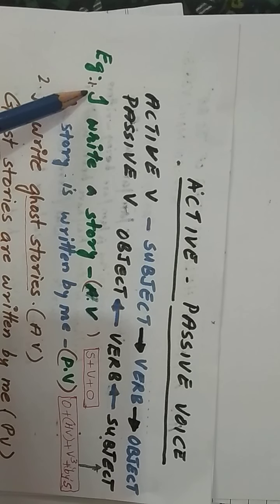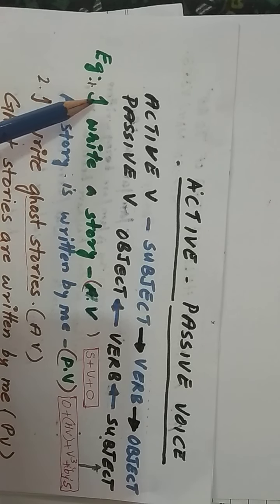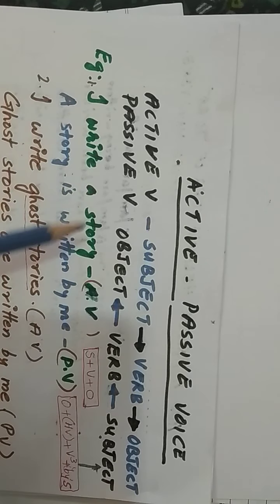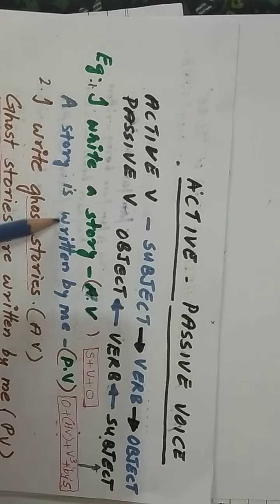Through this example we can see the same concept. I write a story. I is the subject, write is the verb, and a story is the object. And when we convert that into passive voice, we can see the change of sentence order. A story is written by me.